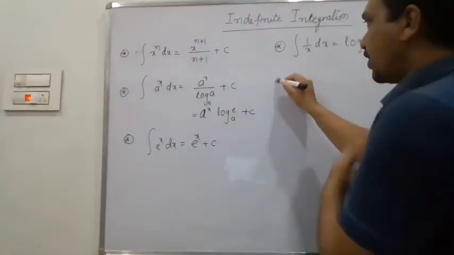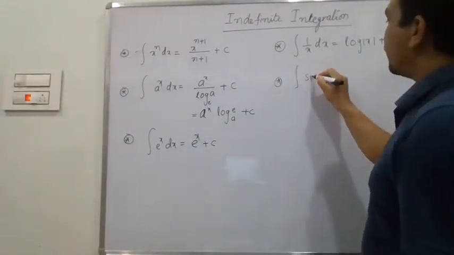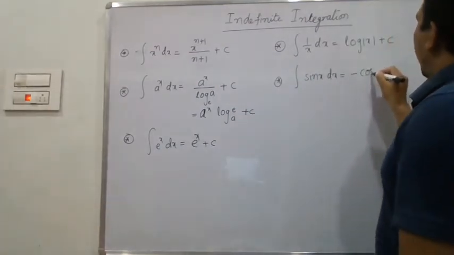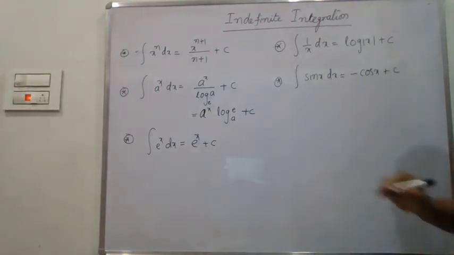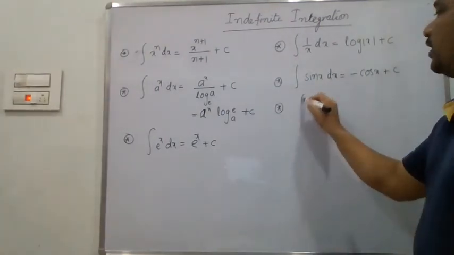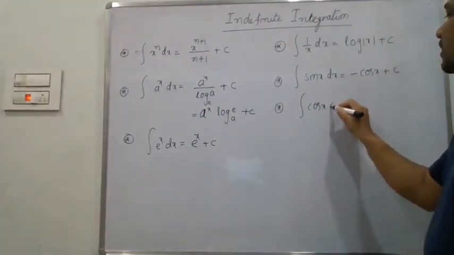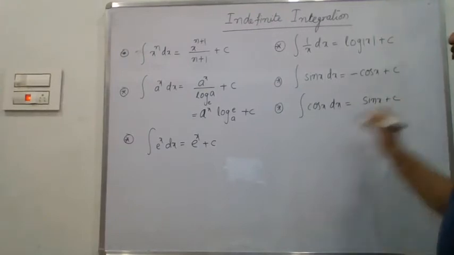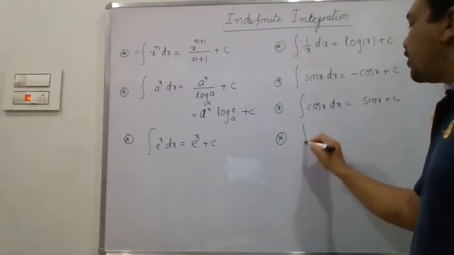Next, integration of trigonometric functions we will go with. Integration of sin x is what? Minus cos x plus c. Next, integration of cos x is sin x plus c. Next, integration of tan x.